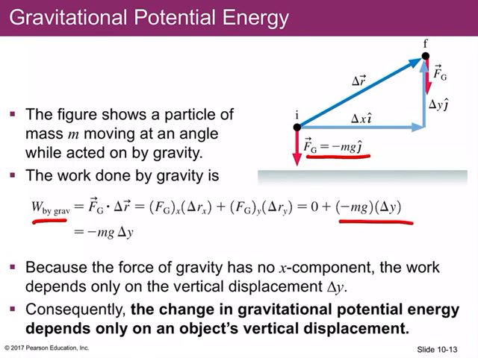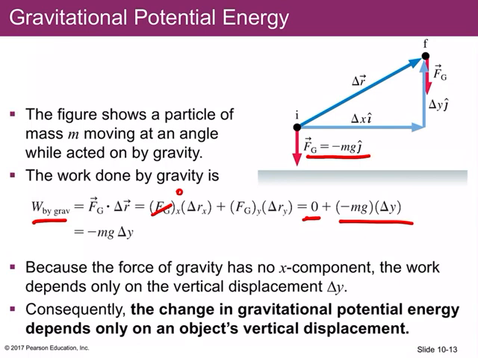So we end up with our negative mass times gravity because gravity is only happening in the y direction. This is 0, right? So that's why this ends up being 0. And our displacement is the change of y, okay?